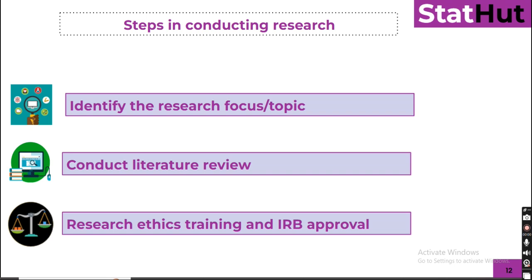Now, the next one is research ethics and IRB approval. This is very necessary. So long as we are dealing with human beings, we must be ethical in our approach. We must ensure that their data is private. You are not sharing the data with any other body or third party. So that's why we have IRB. The full meaning of IRB is Institutional Review Board. They help to ensure that the research you are carrying out is ethical.